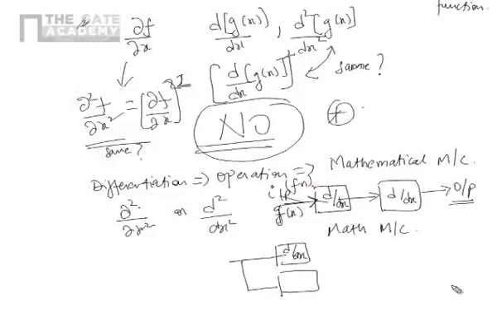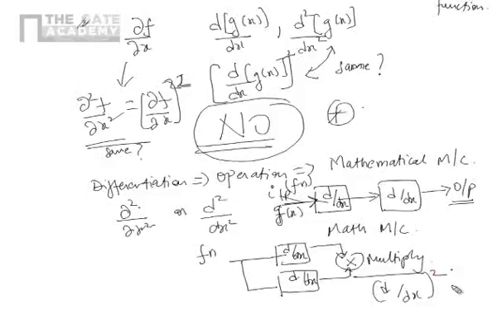I am supplying a function as the input. Similarly, I can supply a function here, do d/dx, and take this output and multiply it here. This is what I do when I do d/dx the whole squared.